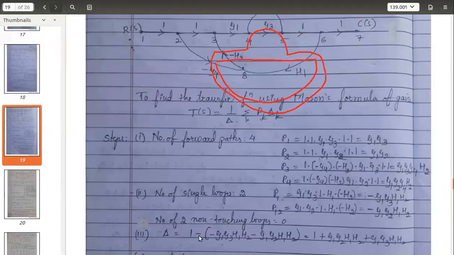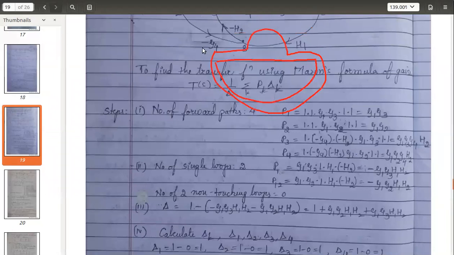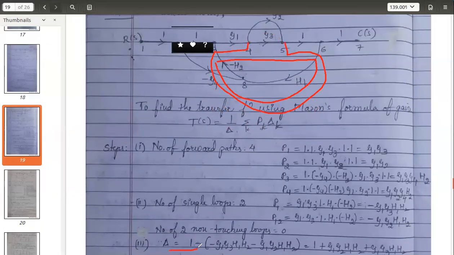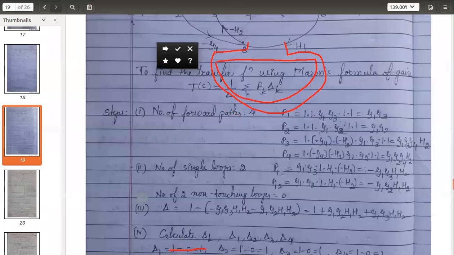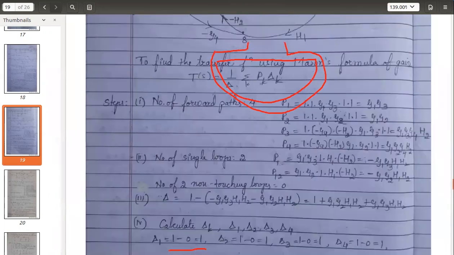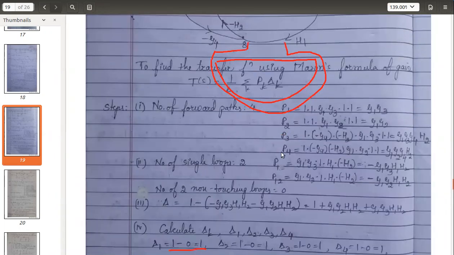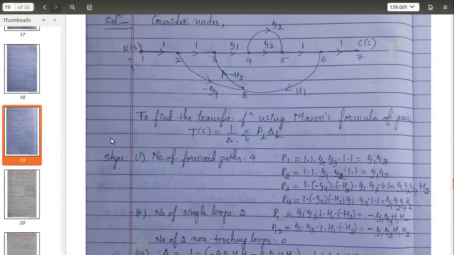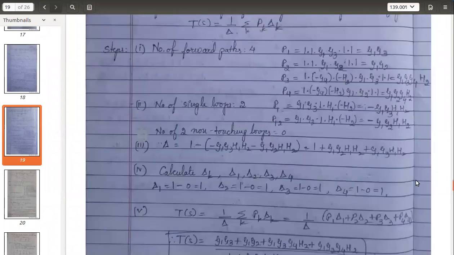Then calculation of delta. Delta is 1 minus the sum of the gains of single loops.